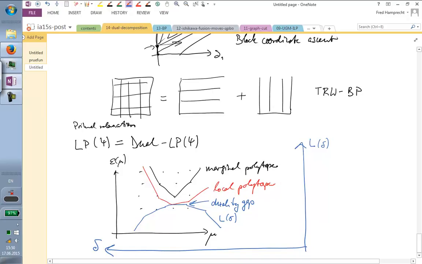For others, it is not 0. If it is 0, then by solving the dual LP, we have also solved the primal LP. However, it does not yet guarantee that we also have solved the original MAP problem.